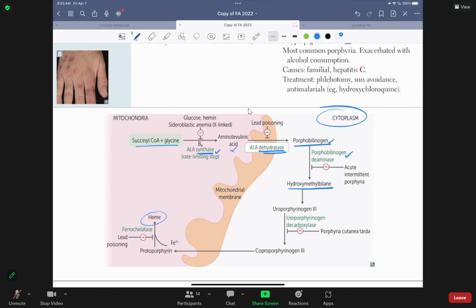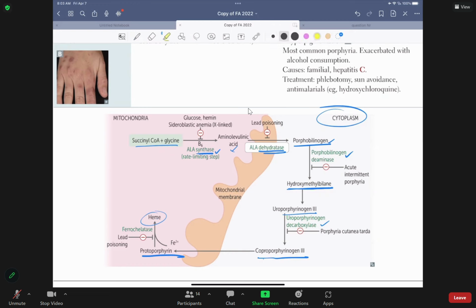I know these names are hard to pronounce and type, but we have to get used to it, folks, okay? Hydroxymethylbilane becomes uroporphyrinogen 3, which becomes coproporphyrinogen 3 by this decarboxylase. Don't worry, if the name doesn't come, you have to practice, okay? Now, finally, you get protoporphyrin that becomes heme by ferrochelatase, folks.